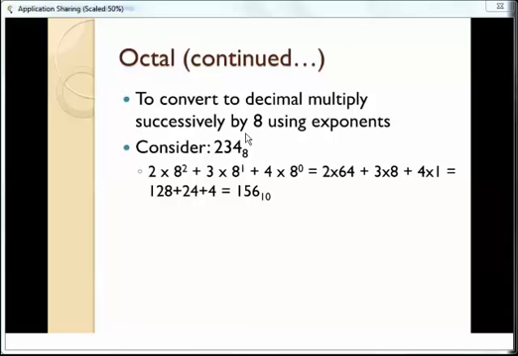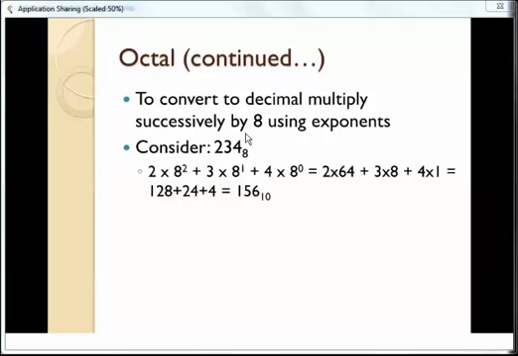And then we add 4 times 8 to the 0 power, again 0 power because 4 is in the first position, and so the exponent again is 1 less than the position number.